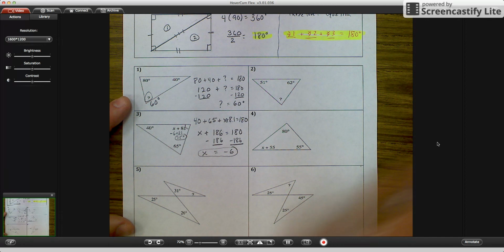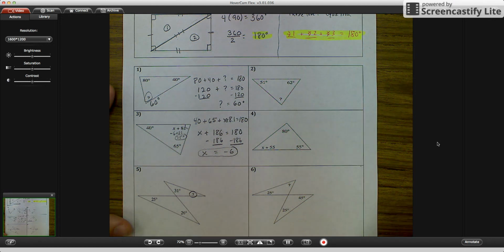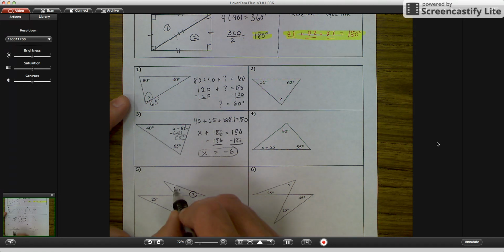Okay? The third one, we're going to come back and solve for our question mark. Now, what do we notice here? We have two triangles. The 31 degrees is this angle right here. We've got two measurements over here, one measurement over here in this triangle, and we have an unknown.